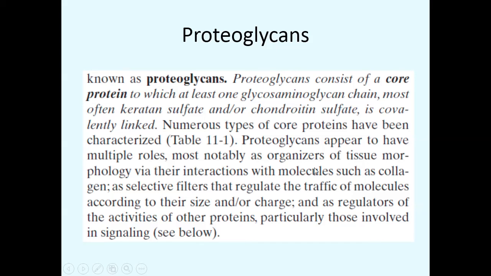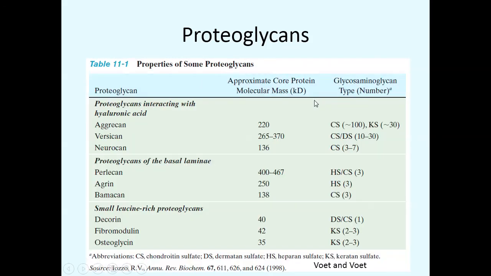They act as a filter and regulate the transport of substances. They are also important for cell signaling. As the name suggests, proteoglycans are made up of a core protein to which glycosaminoglycans are attached. The table on the next slide shows various important proteoglycans.